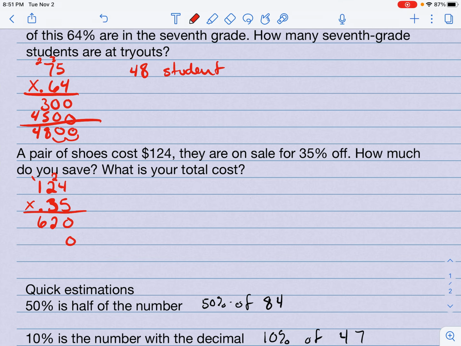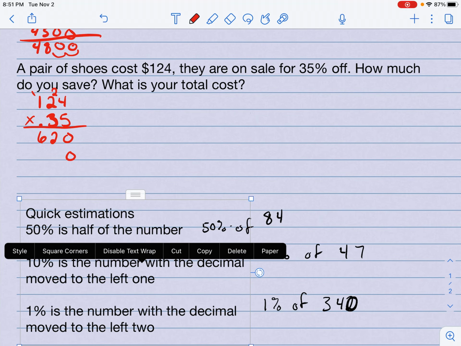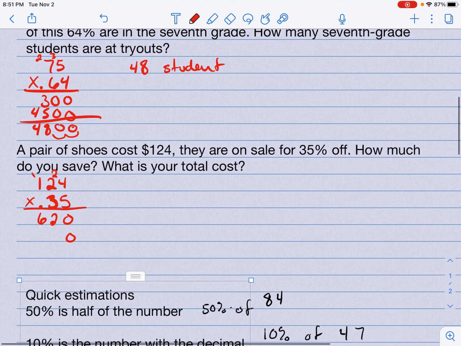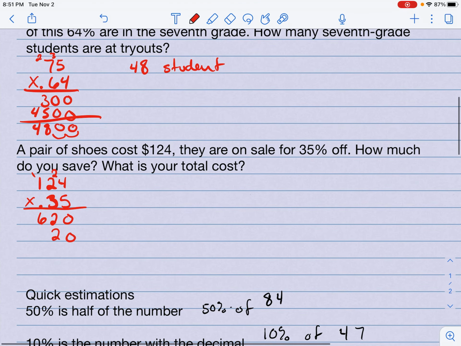All right, so 124 times 5 is 620. 124 times 30, oops. So bring the 0, 3 times 4 is 12, carry the 1, 6, 7. 3 times 1 is 3. Oops, that's not 2, that's 4.